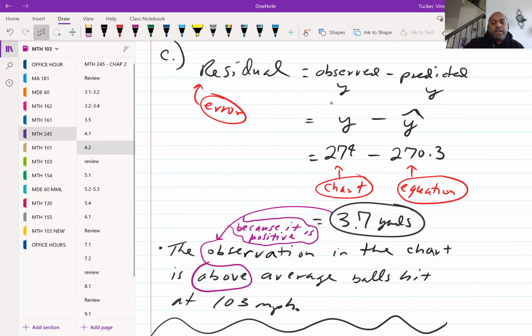And that's 3.7 yards. And so this observation in the chart is above average for balls hit at 103 miles per hour. And you see in the purple I wrote, it's above because it's positive. Now, if it ended up being negative 3.7, then we would have said the observation was below average for balls hit at 103 miles per hour.